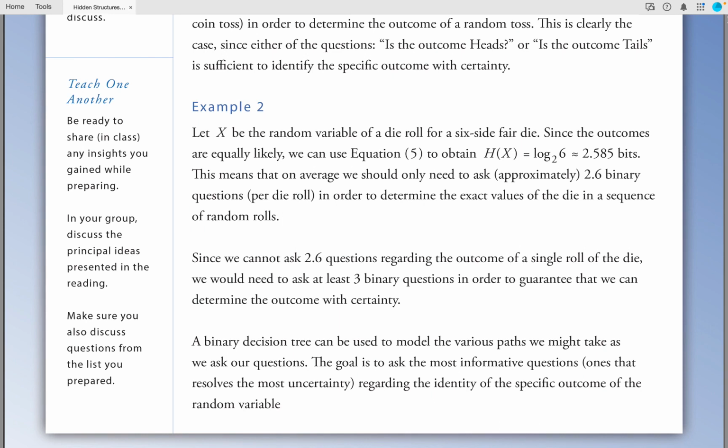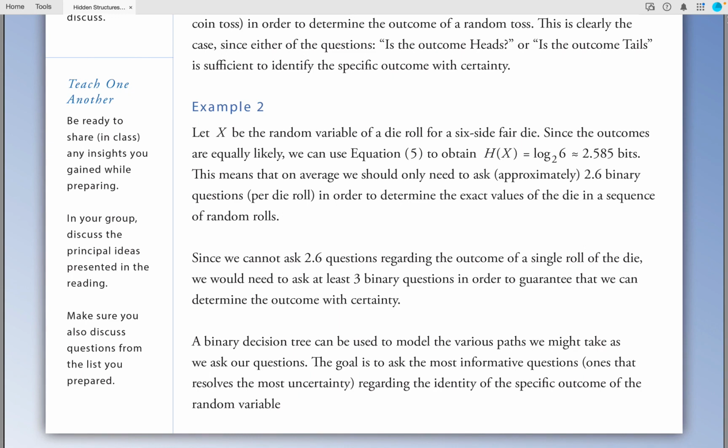Since we cannot ask 2.6 questions regarding the outcome of a single roll of the die, we would need to ask at least 3 binary questions in order to guarantee that we can determine the outcome with certainty.